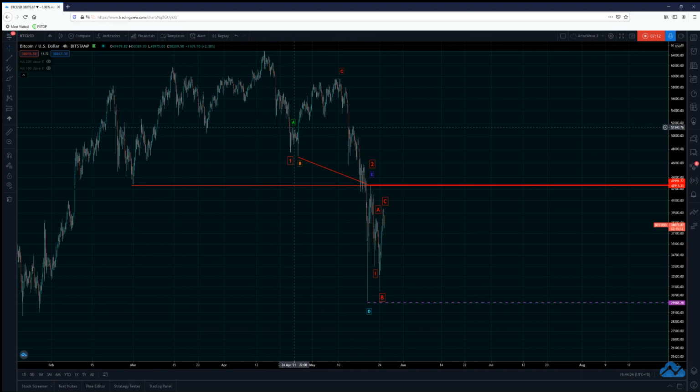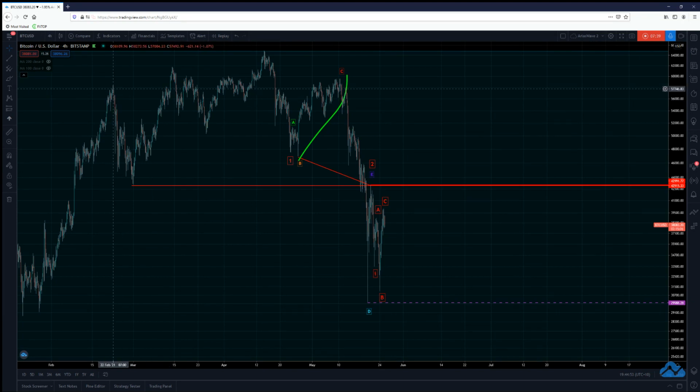We'd have to see an A wave, and I cannot make an A wave out of this unless there was an A, B, C, D, E, but that doesn't look like a 3-wave move. To be honest with you, that pattern's quite a difficult one.